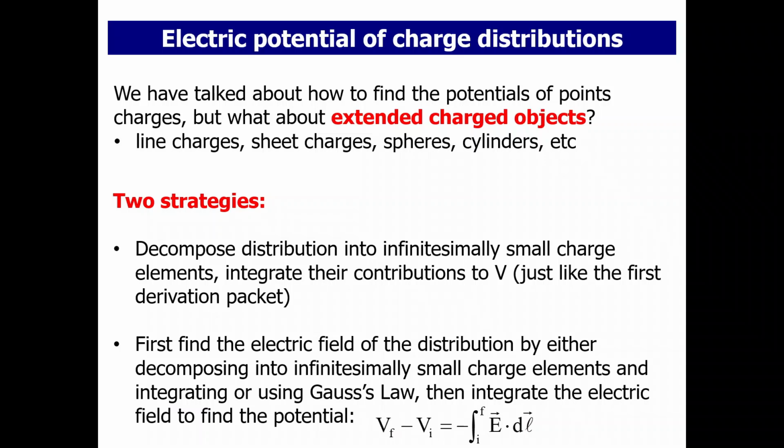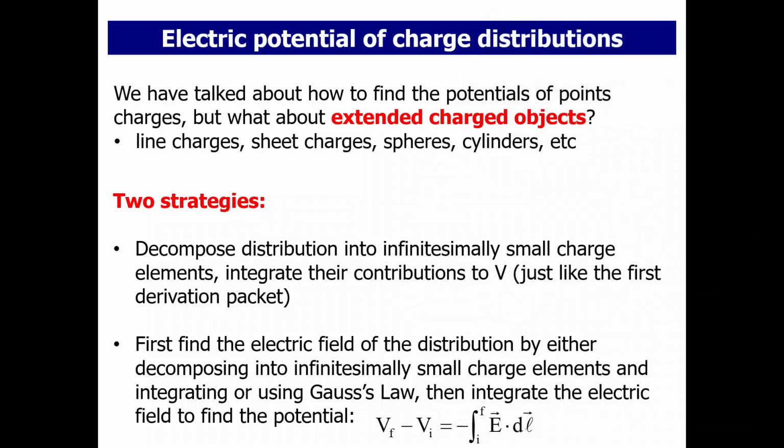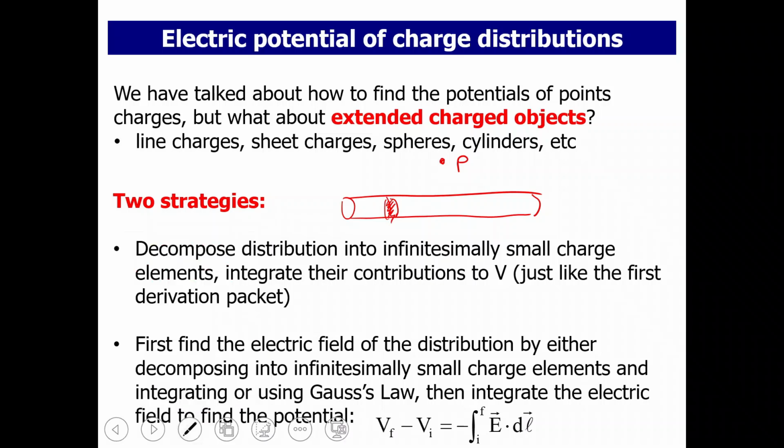So there's two approaches that we take for these. We can either find it directly using calculus, like what we did with our line of charge. If I had a line of charge here, and I want to find the electric potential at some point in space, I could break this into infinitesimally small pieces, each of which is going to contribute some potential dV, based on the distance r that it's at.